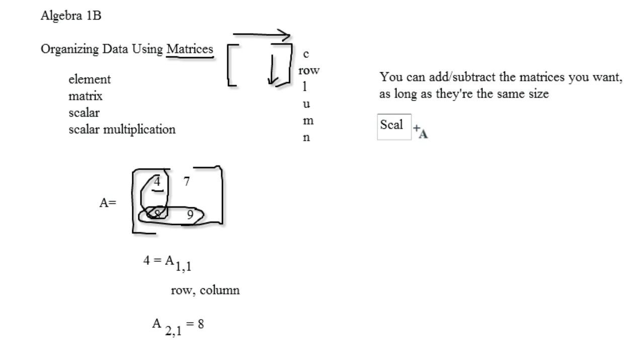Now, scalars are a little bit different. Let's say you had a scalar with this, 6A. What that would mean is that I'm going to have a 6 in front of the bracket.